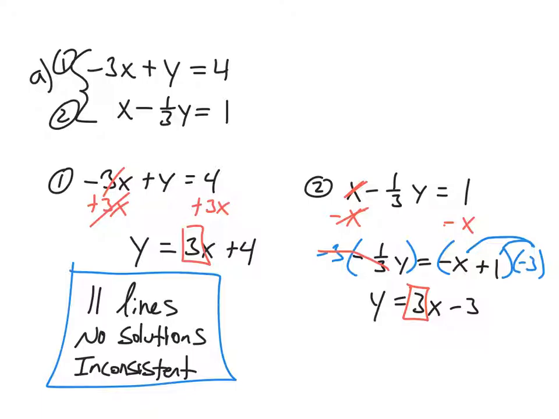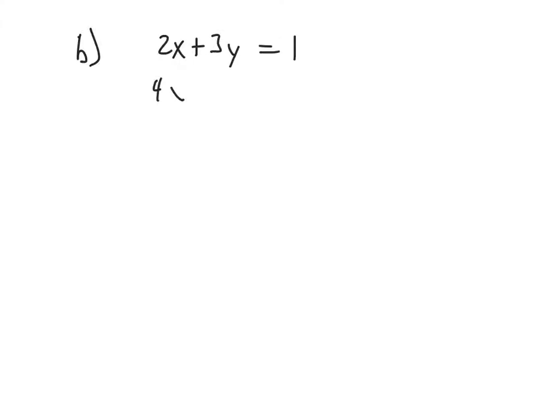Let's try part B. So this is just going to be a general rule: if they have the same slope, they're parallel. Make sure it's not the same equation. That's the key. If they're the same equation, then they're going to be dependent. All right, so part B here, we have 2x plus 3y equals 1, and 4x plus y equals negative 3.